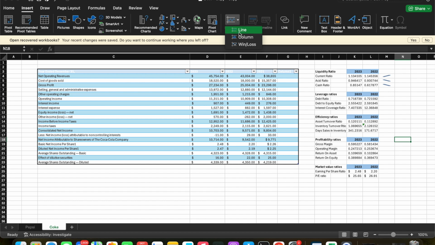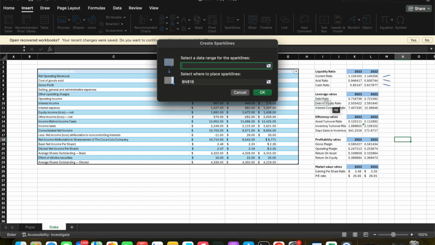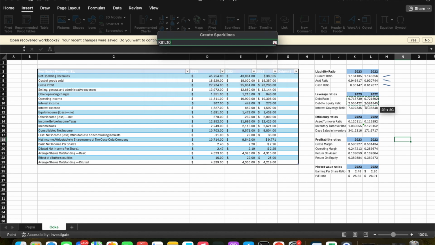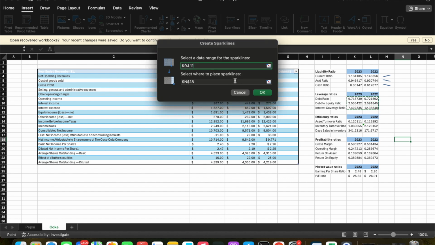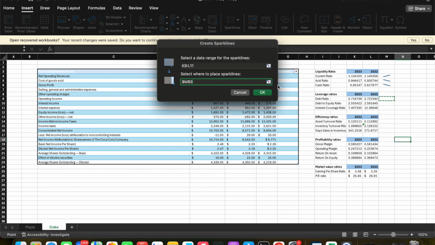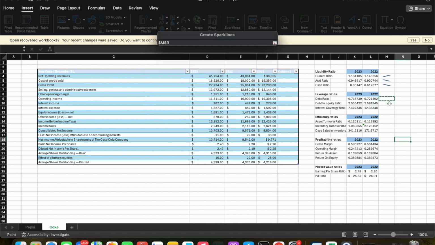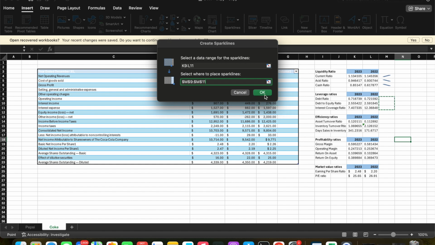So sparkline, lines, select data, this one, and then I think I need to select 3 of the table. Yeah, should be fine now.